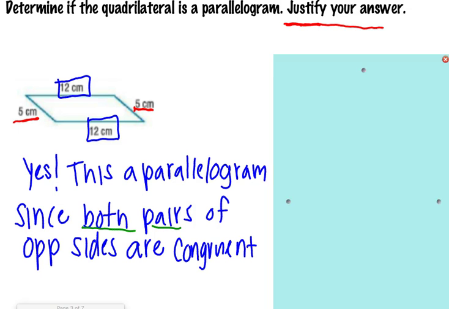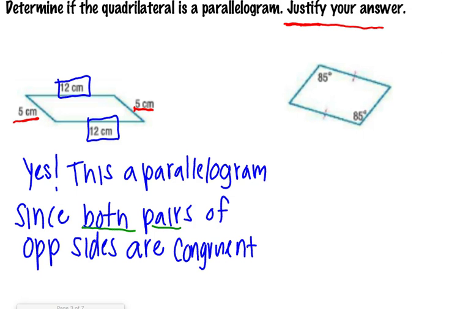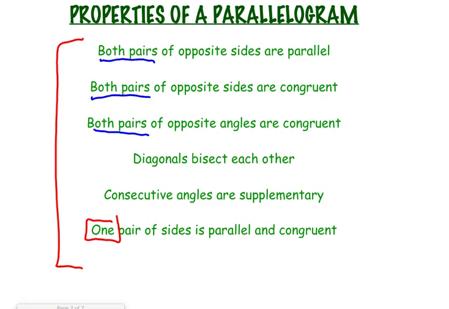See what this guy looks like. Surprise! Okay, let's look here. So, this is a really blurry picture, but that's okay. I have one pair of opposite angles congruent and one pair of opposite sides congruent. Now, is that enough, folks, to tell me that that quadrilateral is a parallelogram?